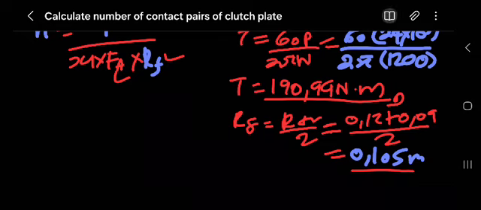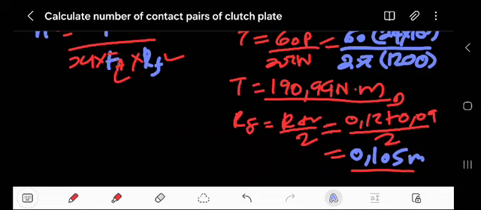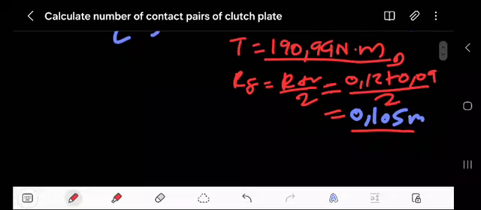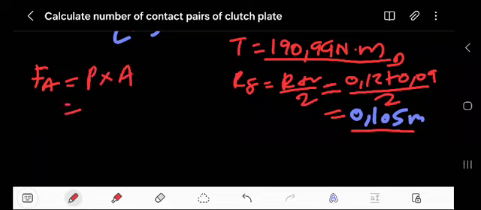What is left now is the axial force. This is actually pressure multiplied by area, whereby the area is pi into R squared minus r squared.